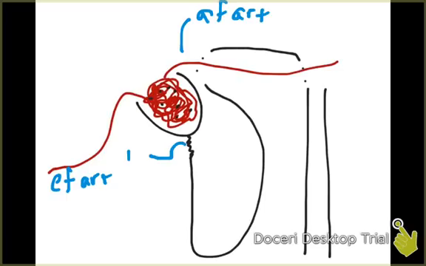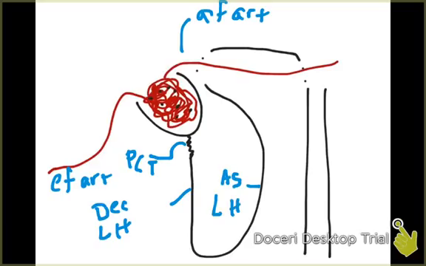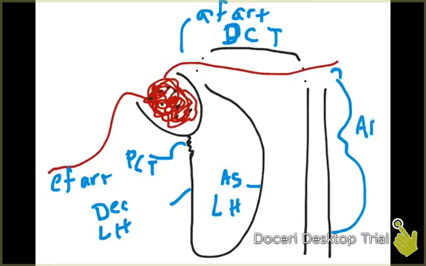This is your proximal convoluted tubule, and this is your descending loop of Henle, and this is your ascending loop of Henle. This would be your distal convoluted tubule. And this region here is where the majority of the activity goes on as far as antidiuretic hormone. So ADH works here, which is your collecting duct.